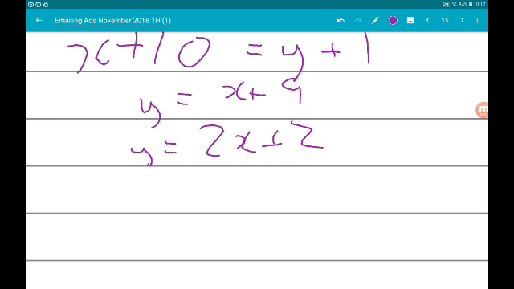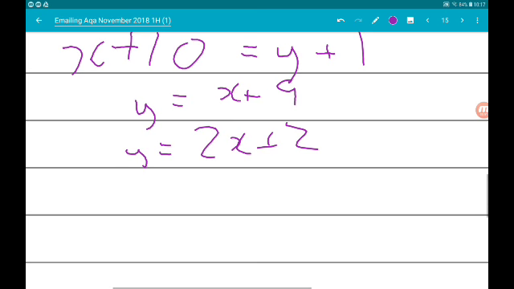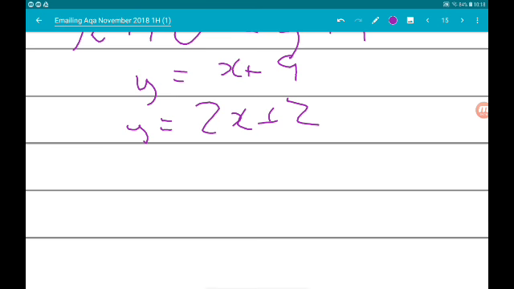Now in fact we know that y is equal to x add 9, and we know y is equal to 2x add 2. So if y is equal to both of these things, then both of these things are equal to each other. So 2x add 2 is equal to x add 9.